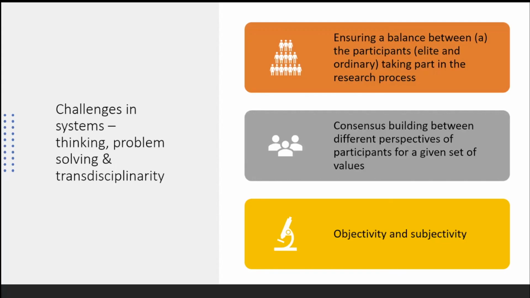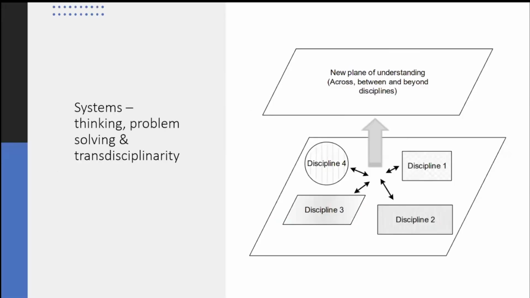There should also be a clear balance between objectivity and subjectivity. Objectivity is achieved through quantitative research, and subjectivity through qualitative research. However, we need to have both in a balanced way so that we can have a good, pragmatic picture to deal with the problem.